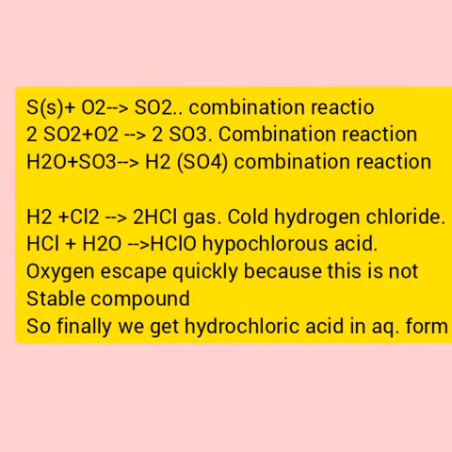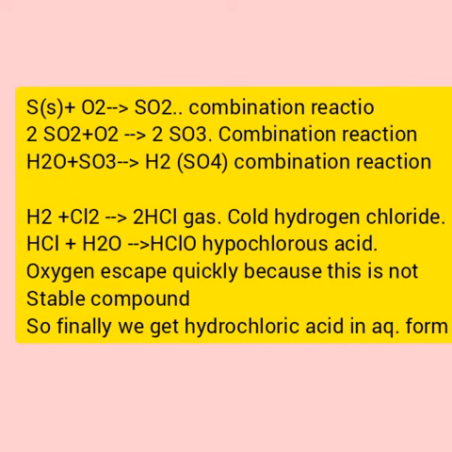When this SO3 is dissolved in water, the result is H2SO4. See the balancing, and we will proceed. Also don't forget one thing: all the inorganic acids are aqueous, because we can call them acids only when they are in liquid form.